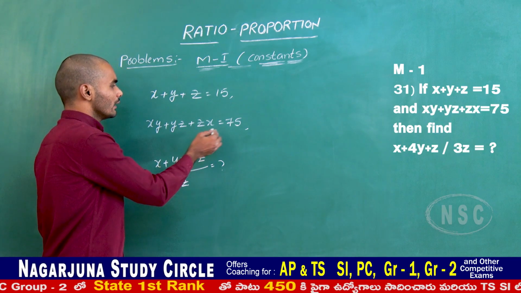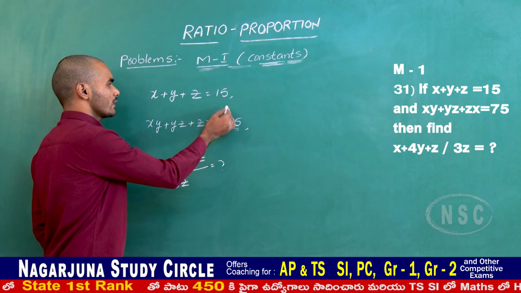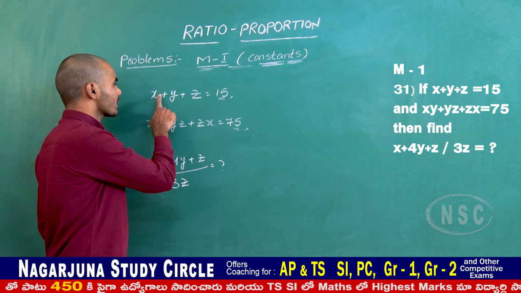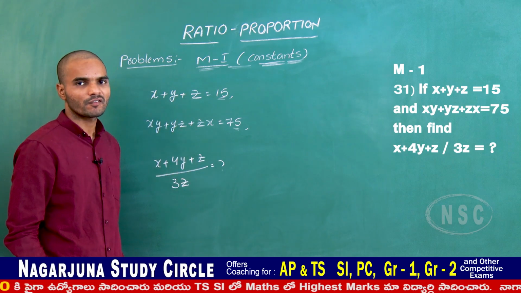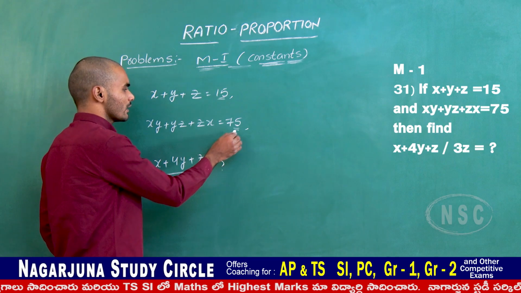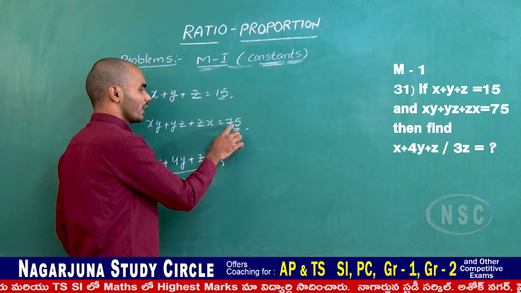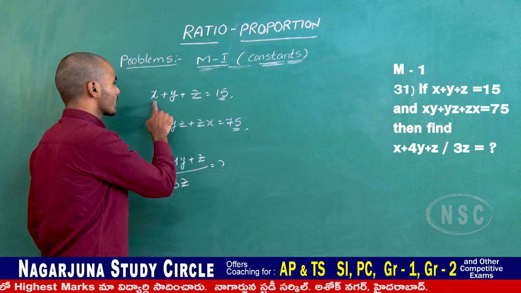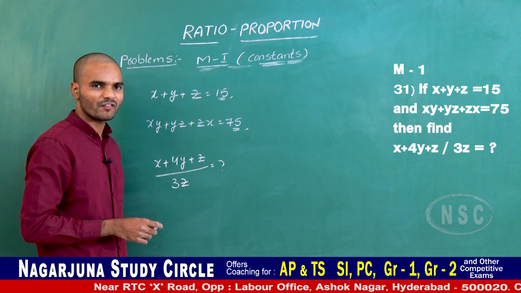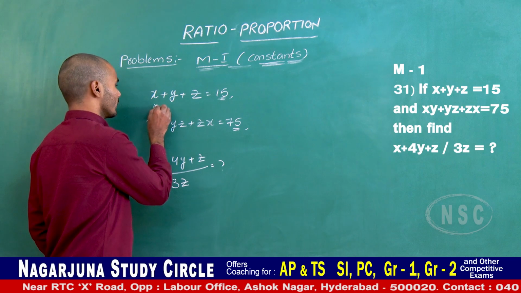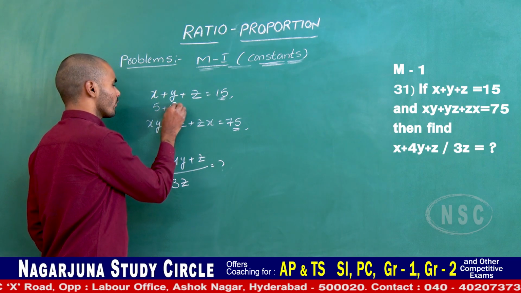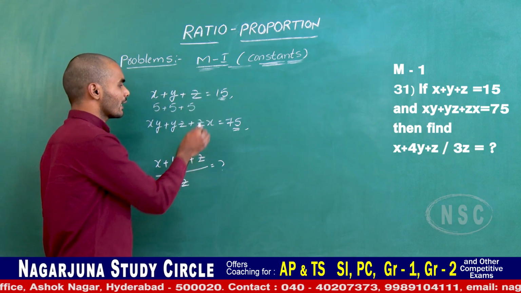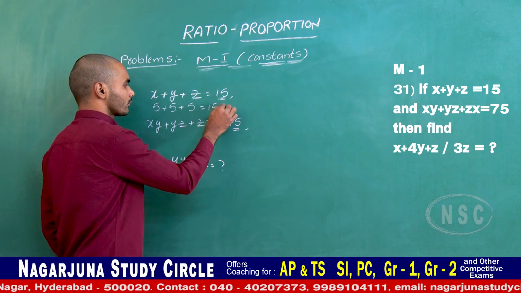Observe this. This is the product of 5, so certainly x, y, z are multiples of 5. This is the multiple of 75. Just check it. 5 plus 5 plus 5 is 15, so condition number 1 is satisfied.